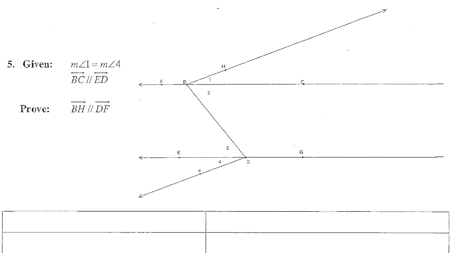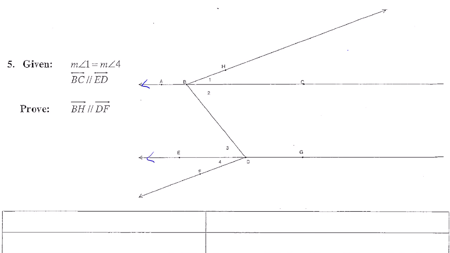All right, number 5, another challenging one. Angle 1 and angle 4 are congruent or equal, right? So we can say they're congruent if we want to. So we know that the measures are equal, and we know that line BC is parallel with line ED.